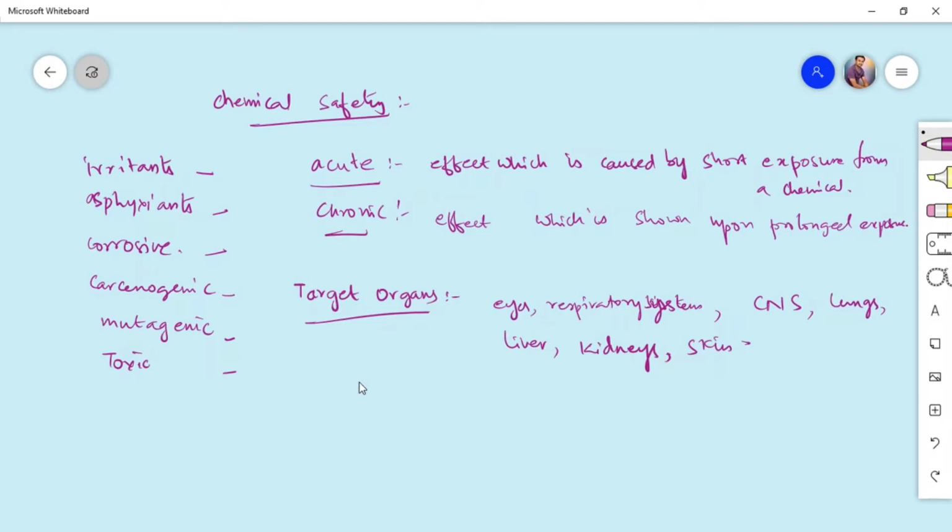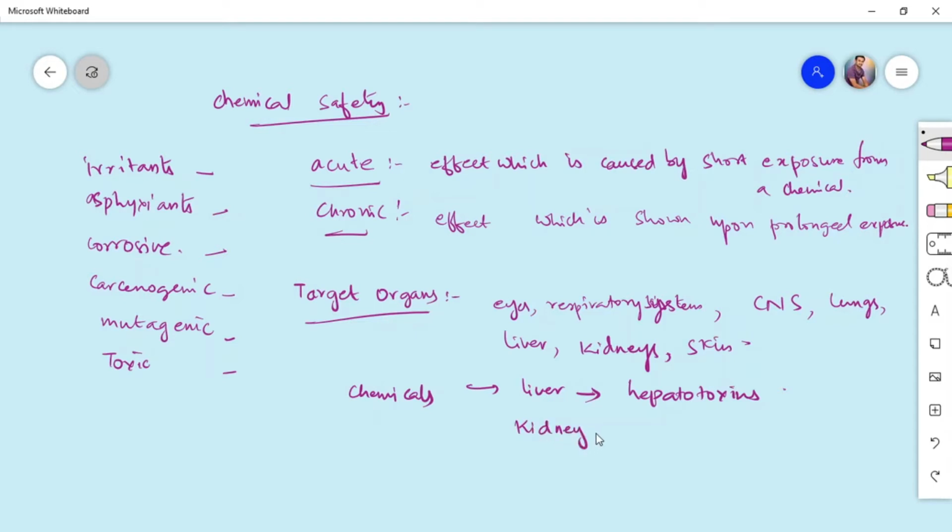Primarily, the chemicals which are toxic, we have discussed toxic chemicals. The chemicals which impact the liver are called hepatotoxins. The chemicals which affect the kidneys are called nephrotoxins.